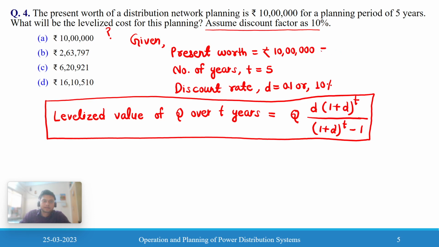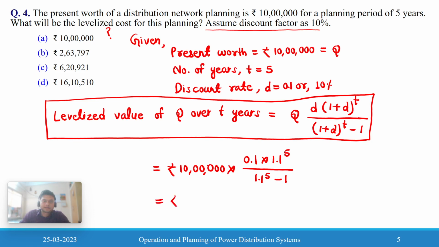So this is Q, the present value of money. So rupees 10 lakh will be multiplied with this expression: 0.1 into 1.1 power 5, and the denominator is 1.1 power 5 minus 1.